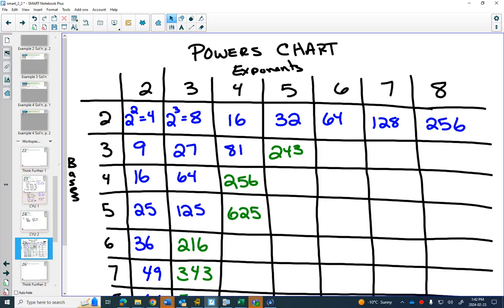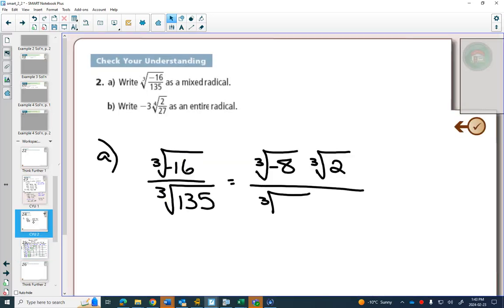And I hope you can already see that 125 doesn't multiply nicely by 2 to get to 135, so I can already take 125 out. 64 times 2 is 128, so it's not going to be that. 27. 27 times 5 is 135. So the powers chart lets you know that there's not that many numbers you have to check.